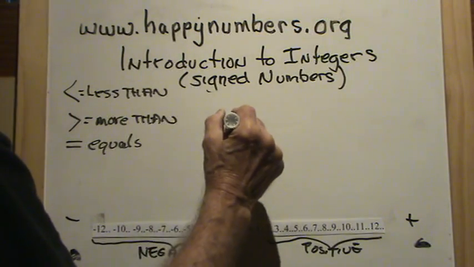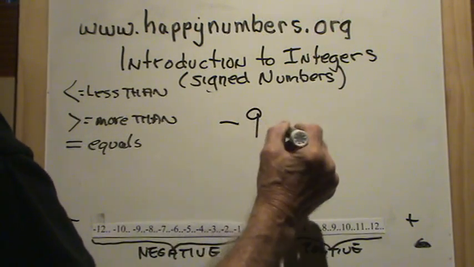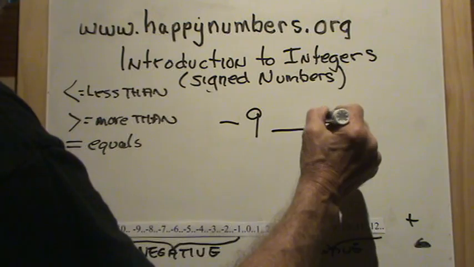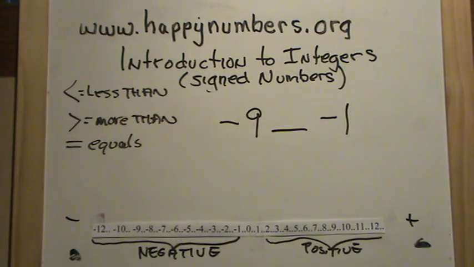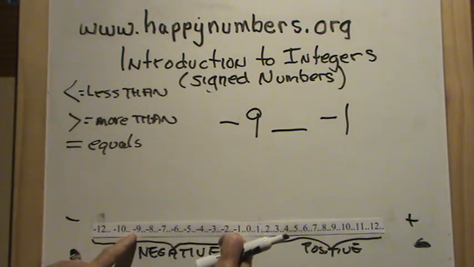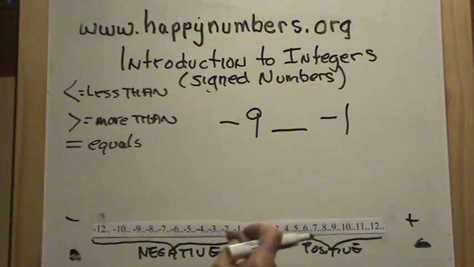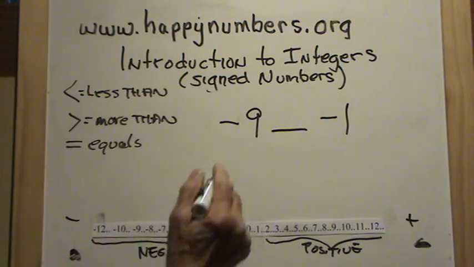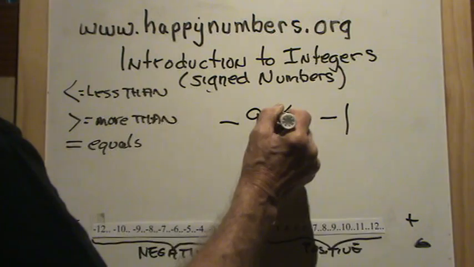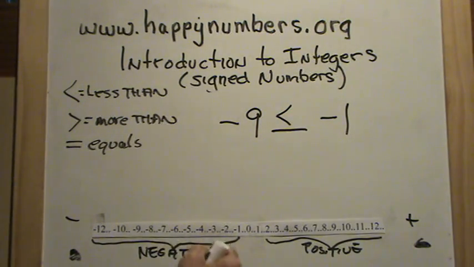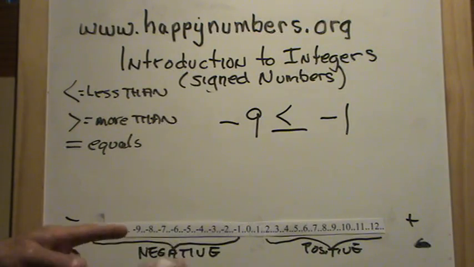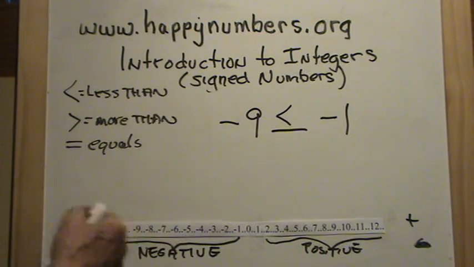Let's take -9 and -1. Here's -9, here's -1. Remember, as you move this way, it becomes less, so -9 is less than -1 because it's further down the negative scale.